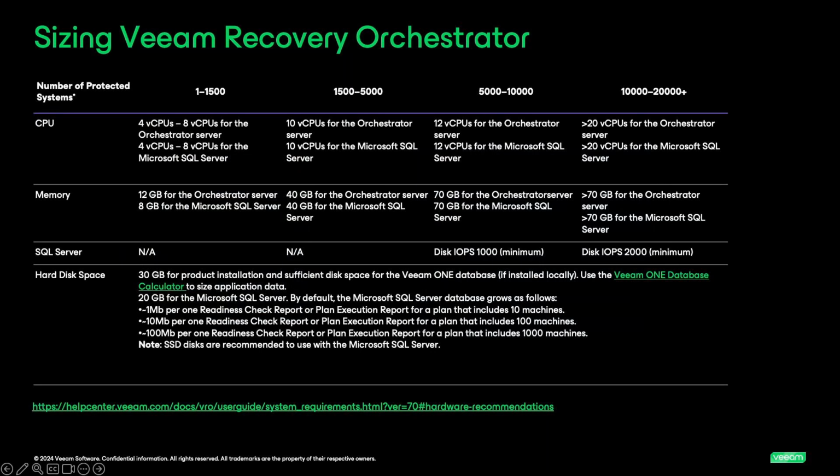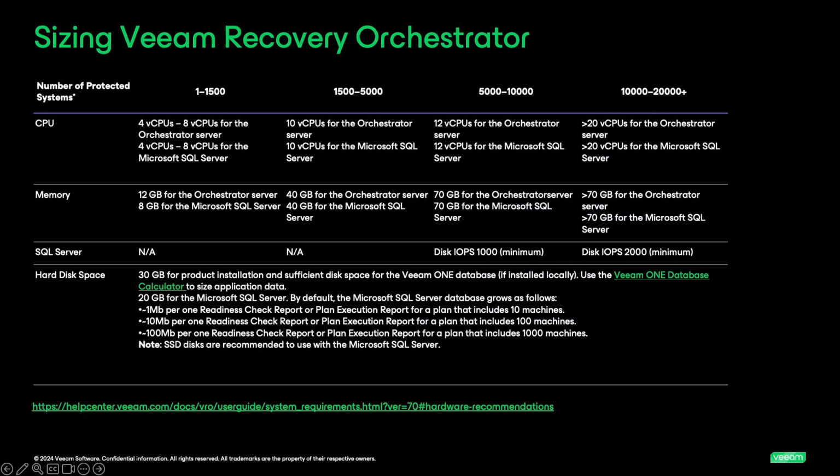This is high level, and I will say that for most use cases, the first sizing option is good and will fit most, so the 1 to 1500 protected systems. But this does give you an idea of scalability. If you have a very large environment, we can scale this server up to match what we need. Part of this, and there is a link on here for the Veeam database, is that as we grow these workloads, there is some additional sizing consideration to take in for that as well.